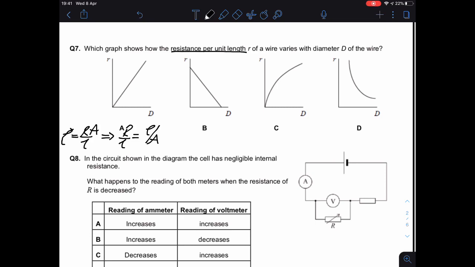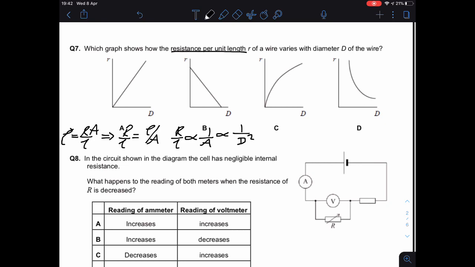then you should be able to see that R over L, the resistance per unit length, is in fact proportional to 1 over A. But of course our graph is related to the diameter and not the cross-sectional area, so we can therefore say that it's proportional to 1 over d squared, because of course cross-sectional area is pi d squared over 4.